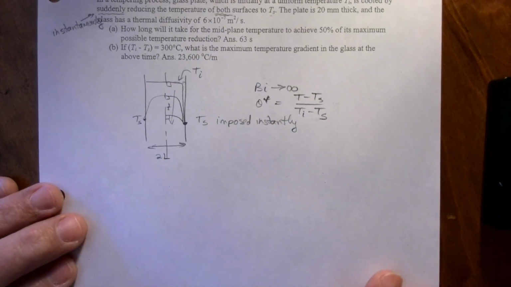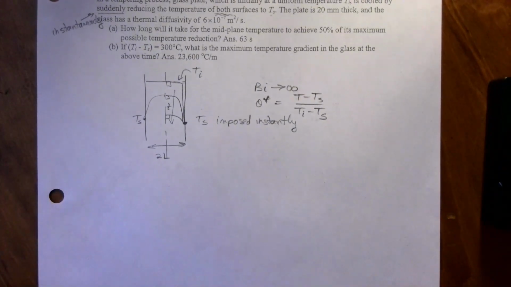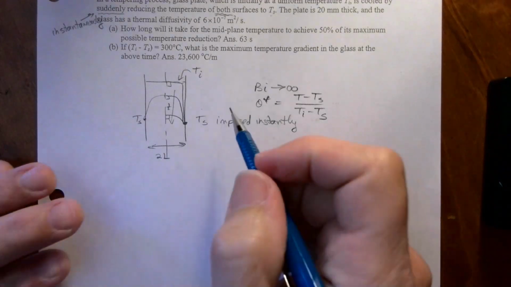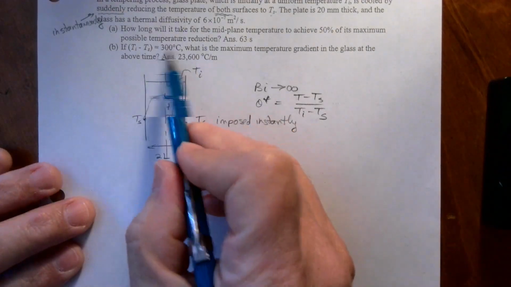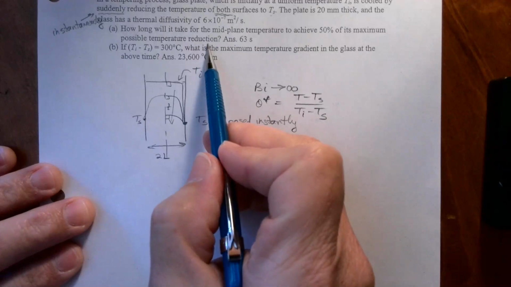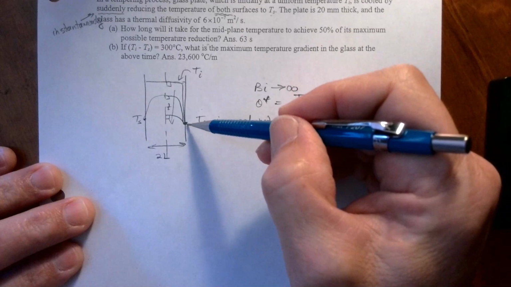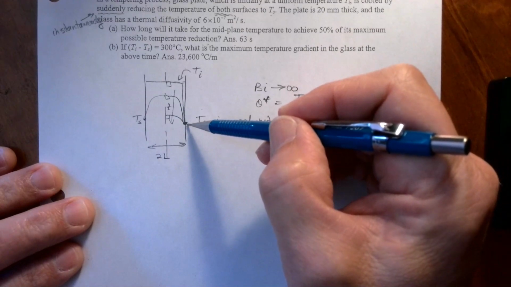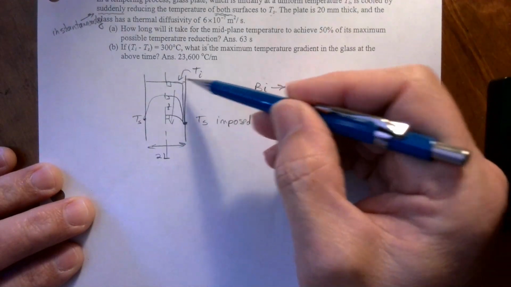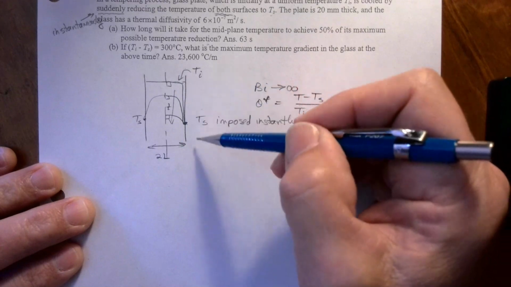Okay, so it's asking us to find the time it takes for the mid-plane temperature to reach 50% of the maximum possible temperature reduction. The maximum possible temperature reduction would be for the entire thing to reach Ts, so the maximum reduction is going from Ti to Ts.